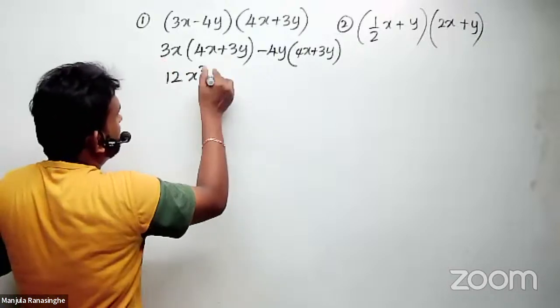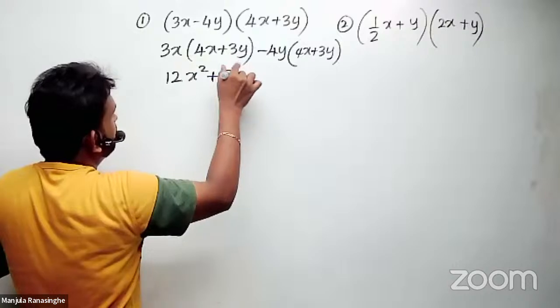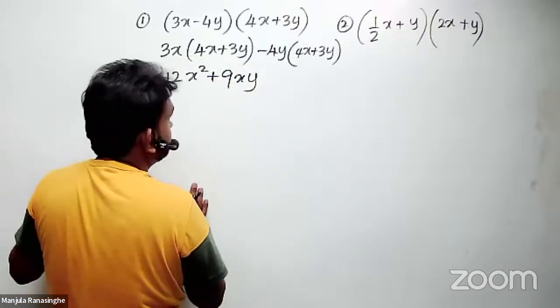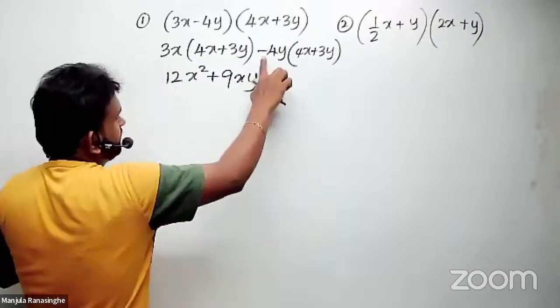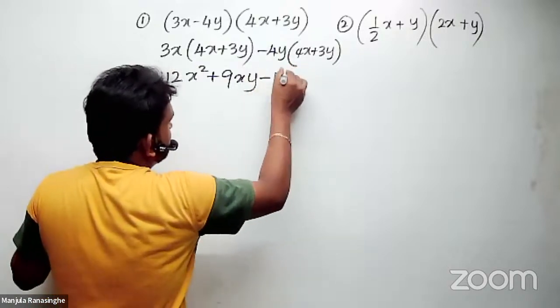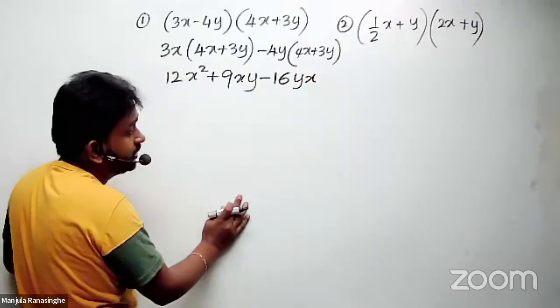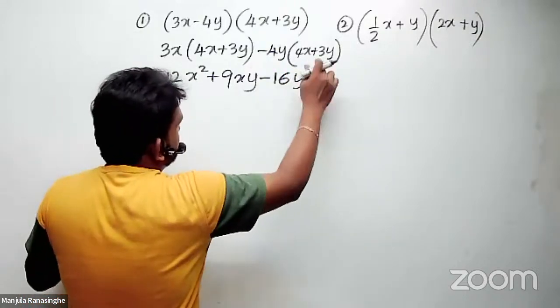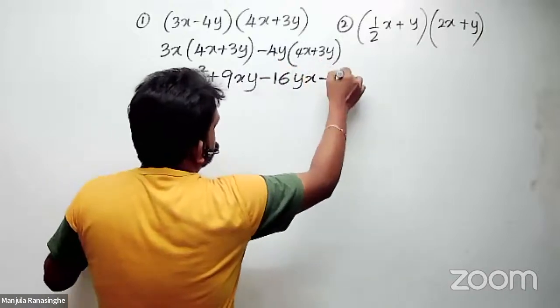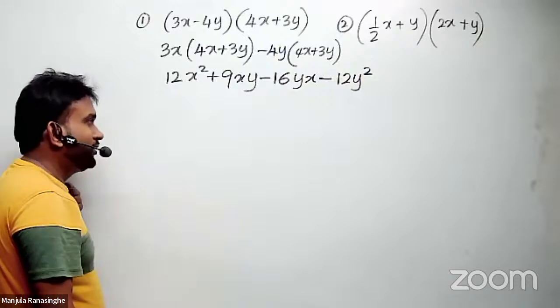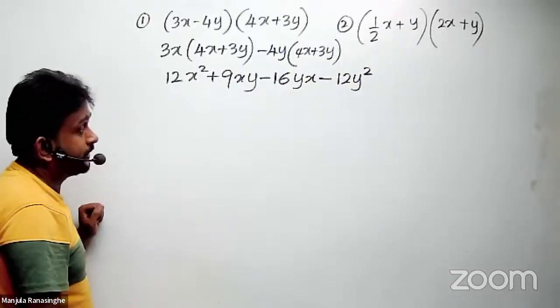Then 3 into 3, 9, x into y, 9xy. Then minus 4 into 4, minus 16, y into x, yx. Then minus into plus, minus 4 into 3, 12, y into y, squared, 12y squared.